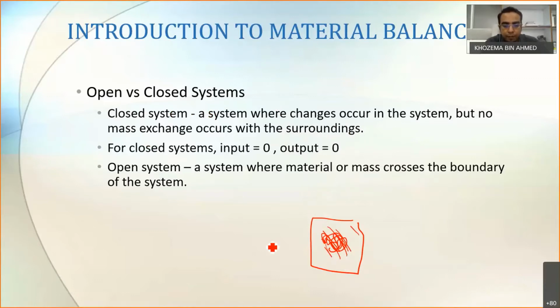If I put an arrow here, there's an input and there is an output. This is my input, and this is my output. So automatically, if you have something like this, it becomes an open system. That is the difference between open and closed system.